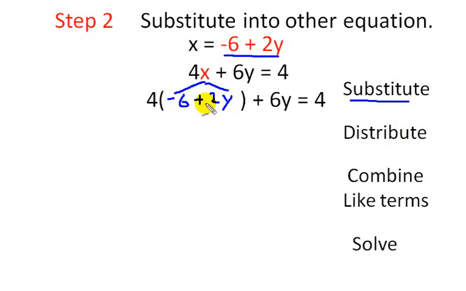Next thing is to distribute. You see how we had 4x right here? So this 4 has to be multiplied by x, which is this expression here, so we need to distribute that 4 to both terms. When I multiply 4 times negative 6, I get negative 24. When I multiply 4 times positive 2y, I get plus 8y.